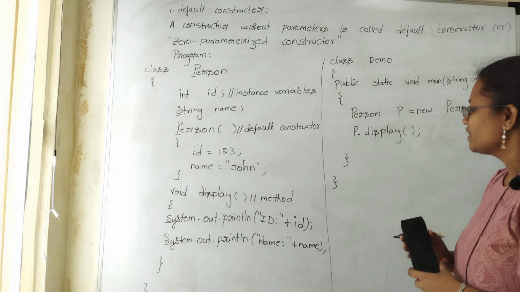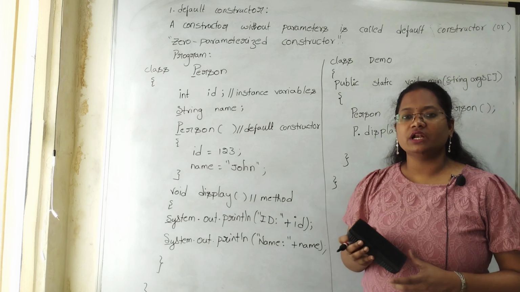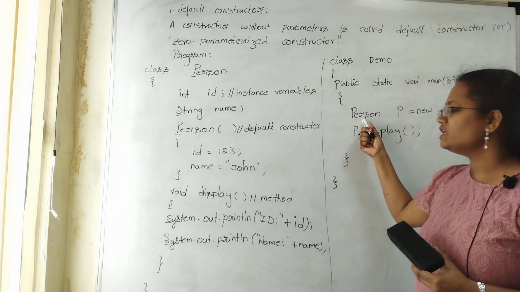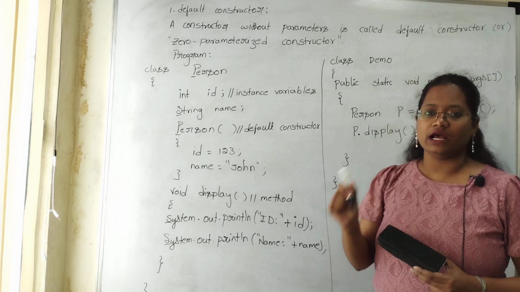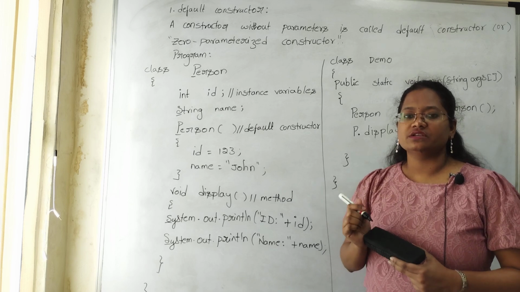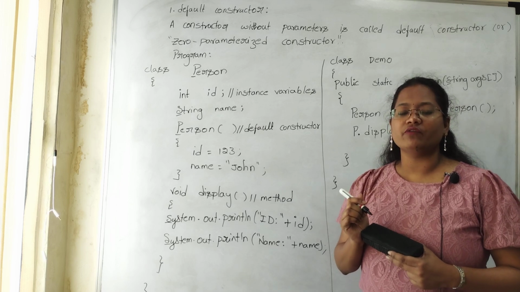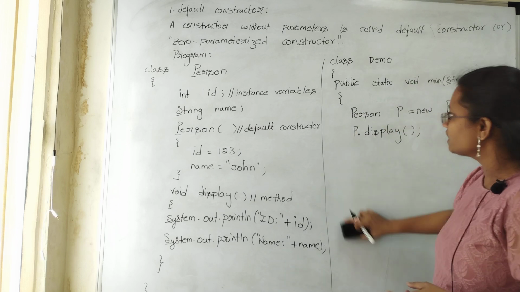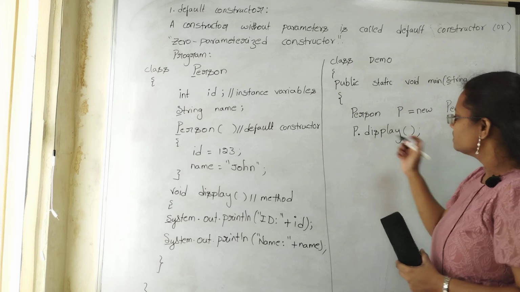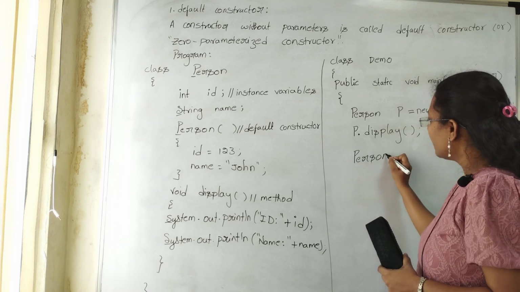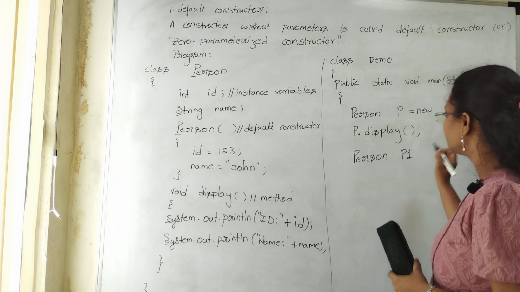When we were discussing classes and objects, I discussed one point. We can create any number of objects for a single class. Any number of instances, and instances means objects. For suppose in the default constructor, if I am taking the person class, I create a P1 object to it.